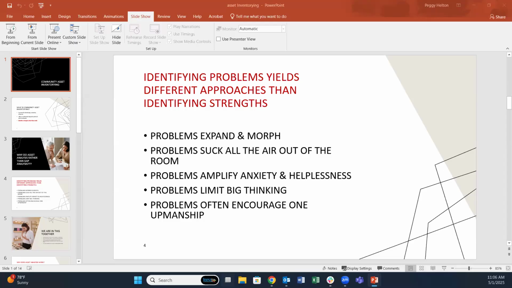Problems also tend to amplify our anxiety and our helplessness. At least that's how it tends to work for me and other groups that I've been in. You end up leaving those processes not feeling hopeful and invigorated, but rather like, oh crap, we really do have a huge issue here, and I don't know how I'm going to dig myself out of it.